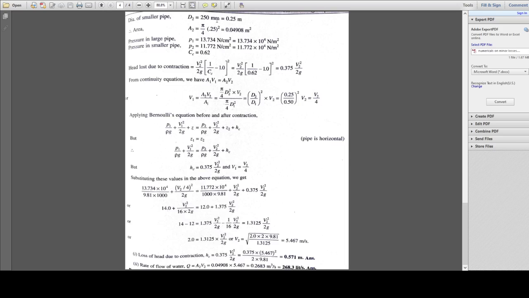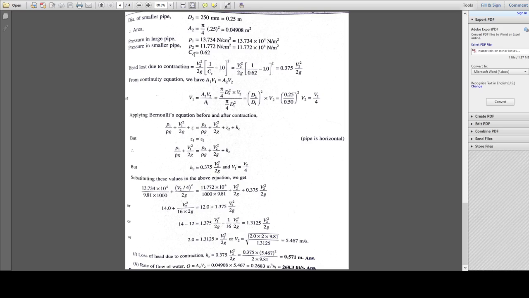Also D2 is given, calculate the area A2. Now the pressure intensities in the larger pipe and smaller pipe are given in Newton per centimeter square, but all units are in meters, so convert it into Newton per meter square by multiplying by 10 raised to 4. Value of Cc is given.